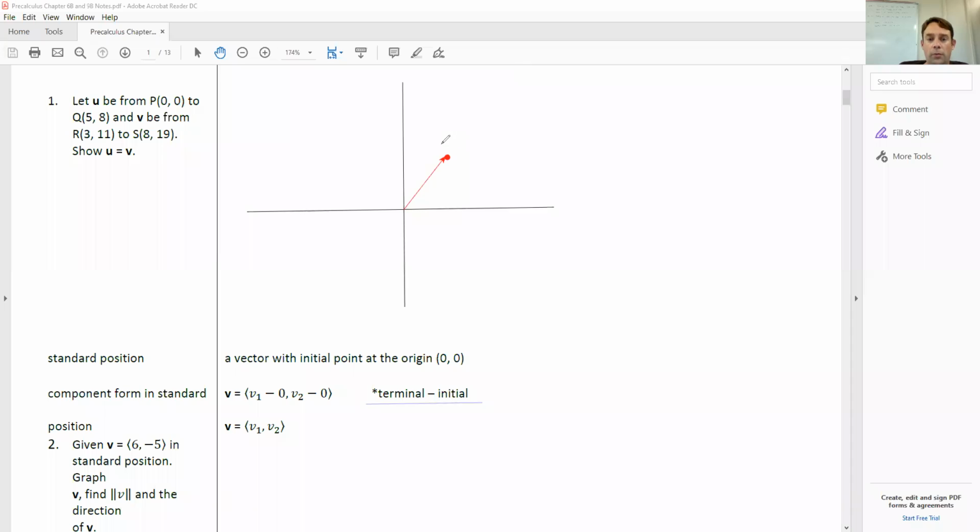Now this point, you can see that it ends or terminates there at 5, 8, and it begins or starts at the point 0, 0. So whenever you're trying to turn it into what we call a component form, you take the foot and you take the head and you subtract the foot from it, or the terminal point.